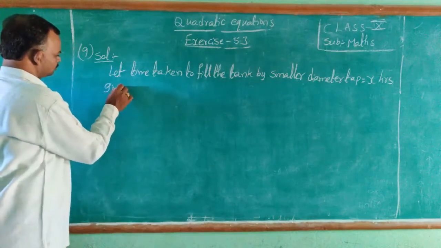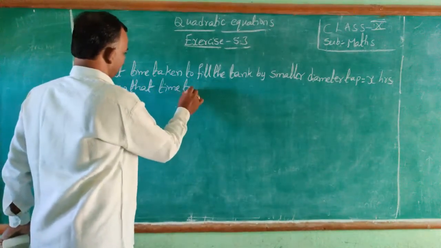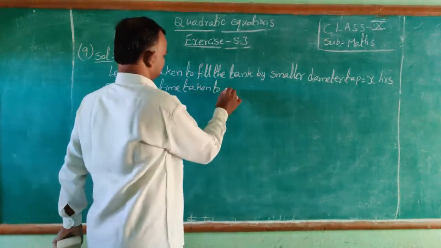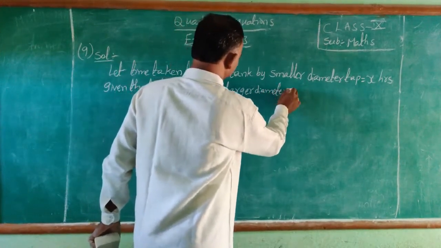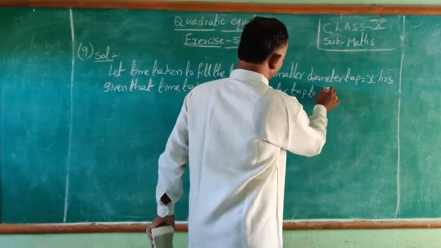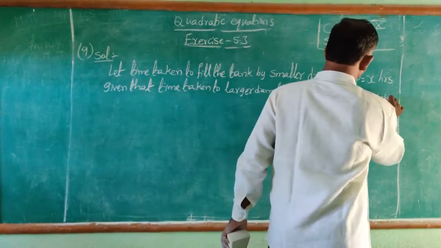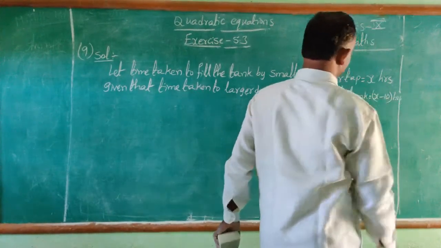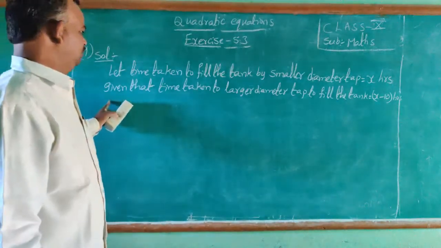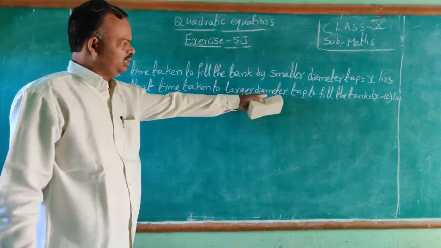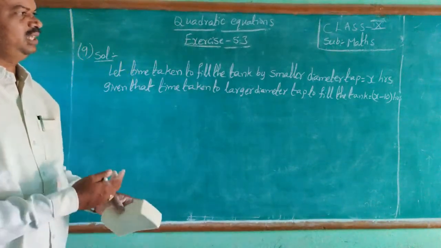Given that the time taken by the larger diameter tap to fill the tank is 10 hours less, that is equal to x minus 10 hours.